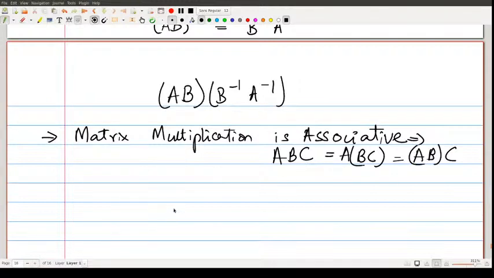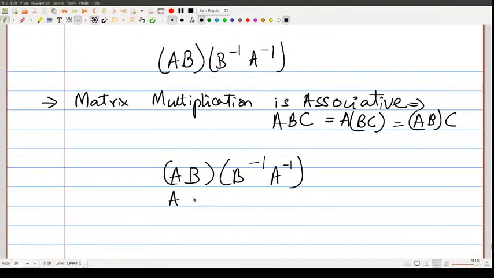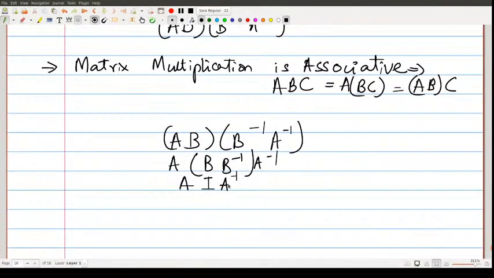So if you use associativity on this product, AB times B inverse A inverse, I can write this as A times B B inverse, times A inverse. Now B times B inverse of course gives me the identity matrix, and the identity matrix multiplied with any other matrix gives me just the same matrix. So I get A times A inverse, and again A is being multiplied by its own inverse, which means I get the identity matrix.